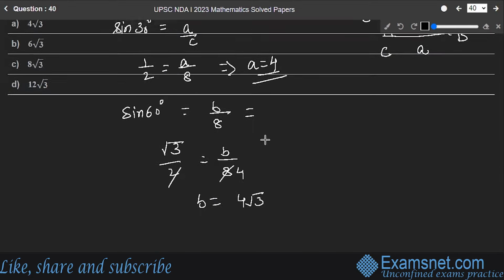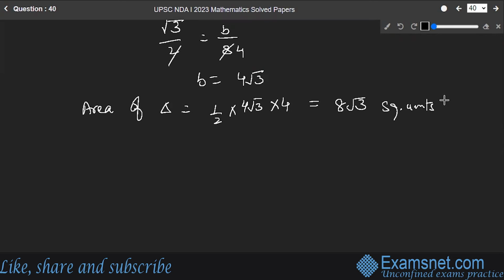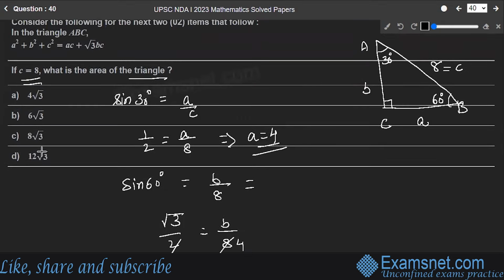What did we have to find out? Area of the triangle. Area of the triangle is half into base into height, which is equal to 8 root 3 square units. So this is the correct answer to the question. Let's check. 8 root 3 is option C. Hope you understood this. Let's move to the next question.